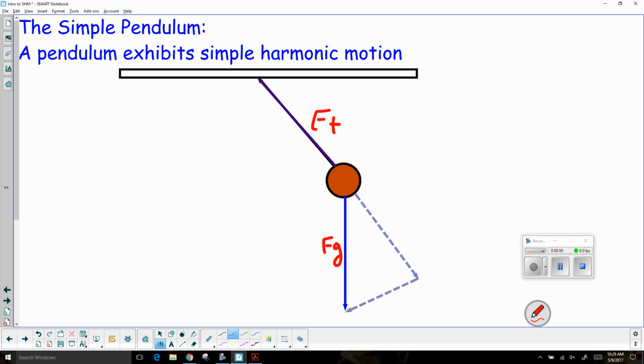Since the force of gravity is offset by some angle theta, we can resolve that force of gravity into an x component and a y component. I notice here that the tension force will equal and be opposite of the force of gravity in the y direction. So I can make this assertion. Those two vectors cancel each other out.